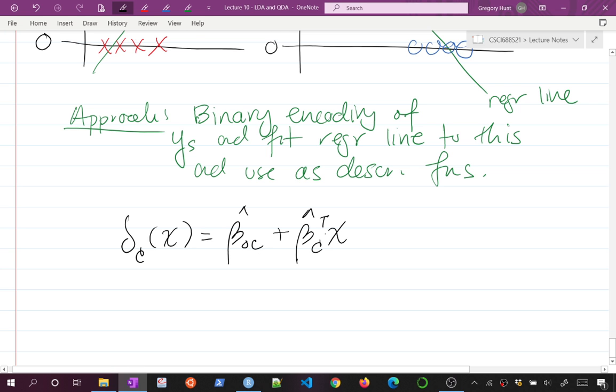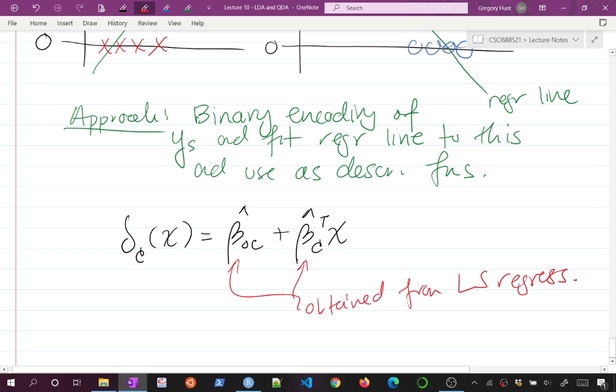Even if you do multivariable regression, doesn't really matter. So it's basically the same linear classifier setup, but these are obtained from just our simple least squares regression, which we talked about way back in lecture 2 or whatever.